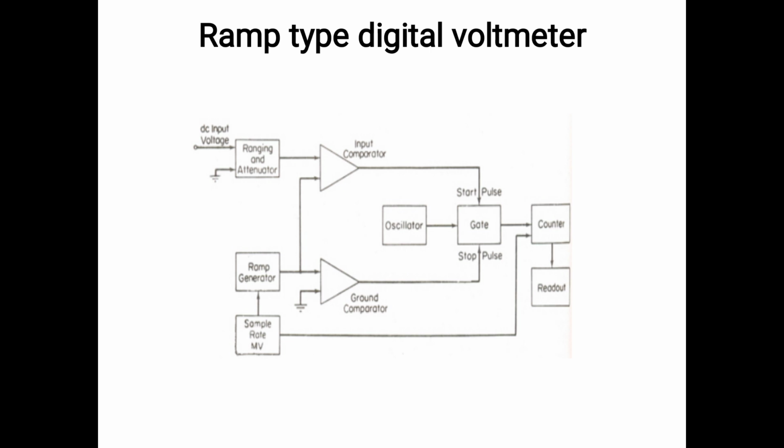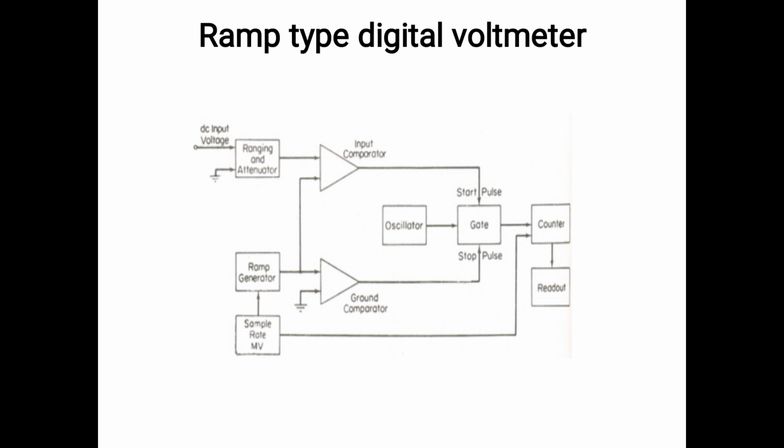It takes a reference value at one input and the unknown input voltage at the other input. The normal operation of a comparator is that it compares the input with a reference, and if it matches it gives a signal. That is the concept behind our comparator.